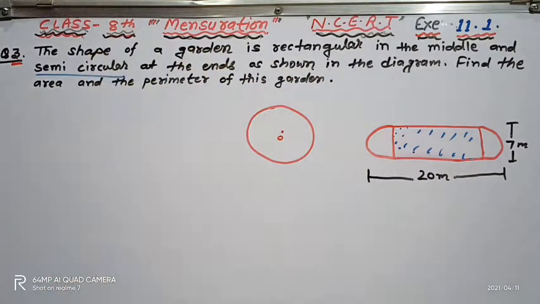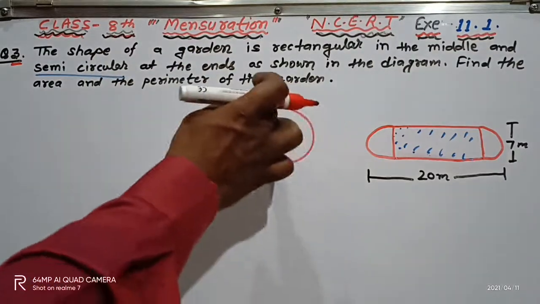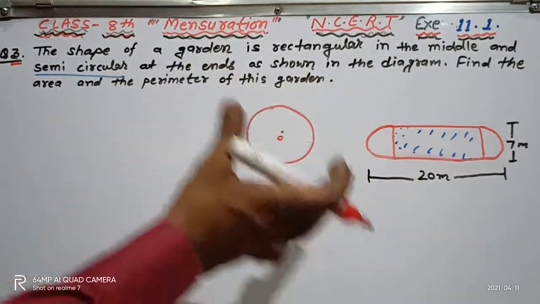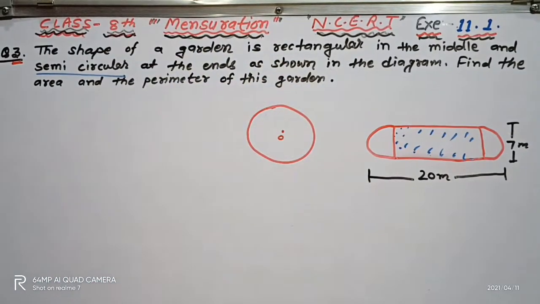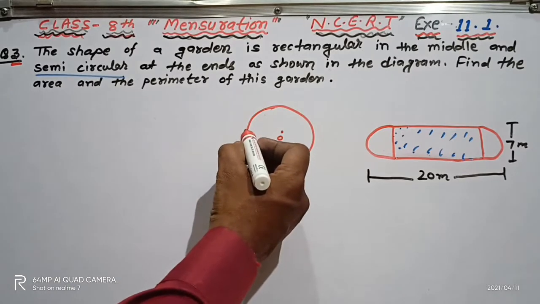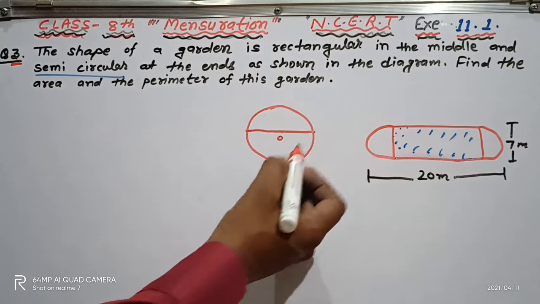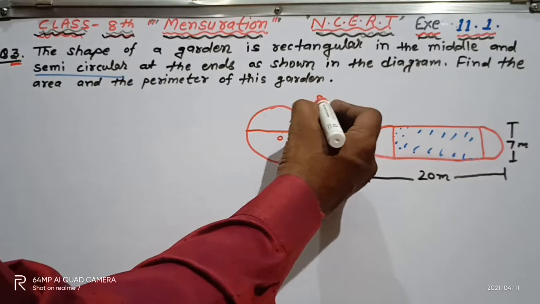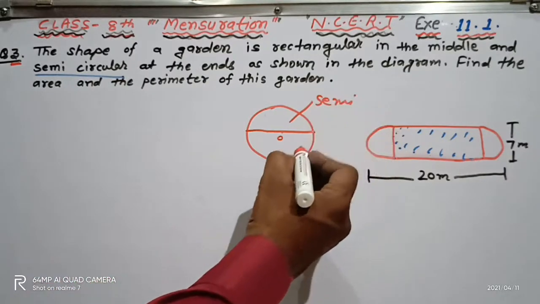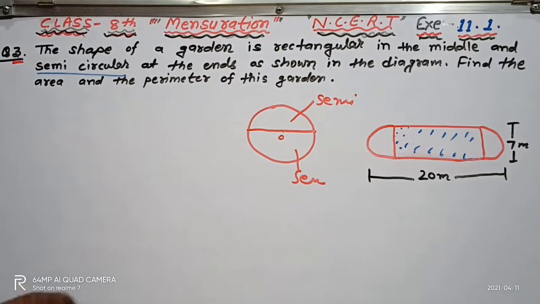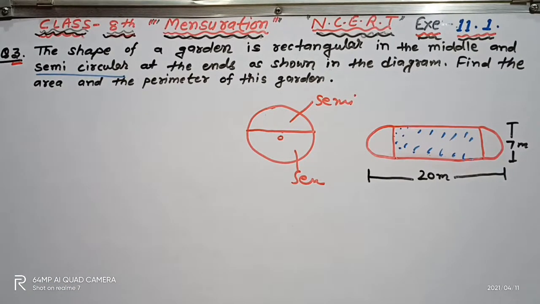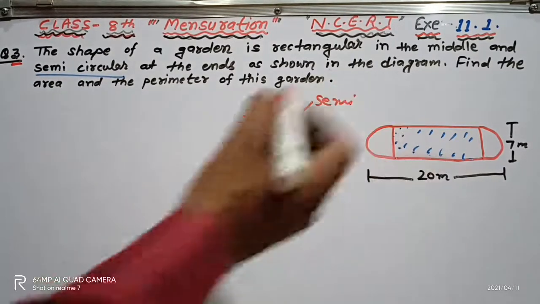All the points collected together form this shape, which is called a circle. But when we bisect this circle into two equal parts, each part is called a semicircle. That means a circle divided into two equal parts is called a semicircle.